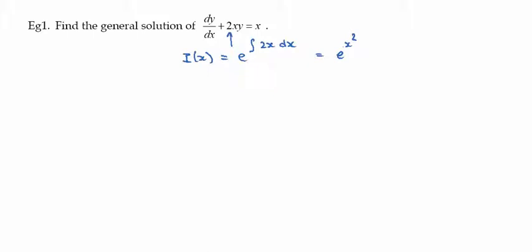And that means we will now multiply this term to the front of this, to that, and to that. So here we have e to the power of x squared times dy dx plus e to the power of x squared 2x times y, and on the right hand side e to the power of x squared times x.